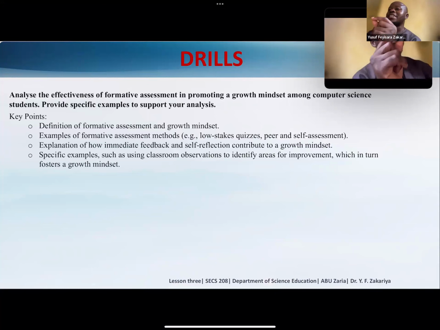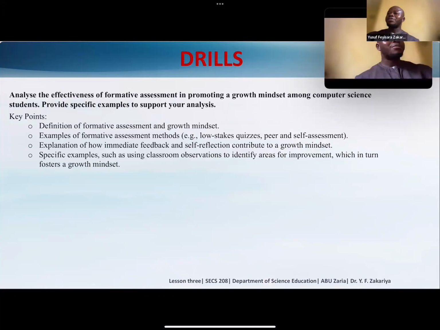I want you to define it. 2, examples of formative assessment methods: low-stake quizzes, peer assessment, self-assessment, and so on. 3, explanation of how immediate feedback and self-reflection contribute to a growth mindset. I want to see this. Lastly, I want to see specific examples, because I mentioned provide specific examples to support your analysis.